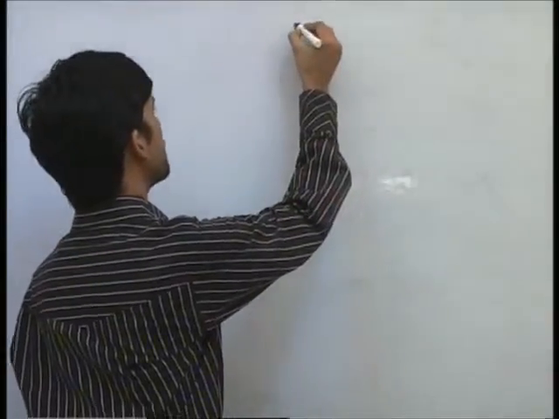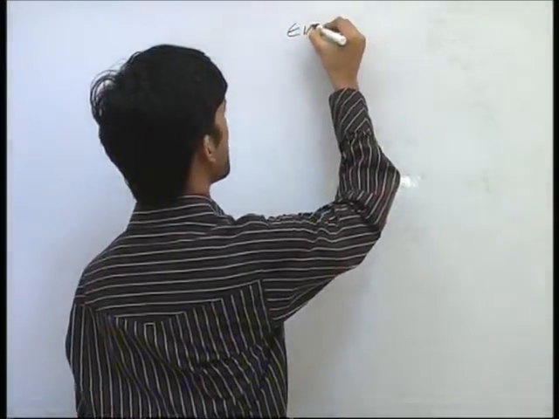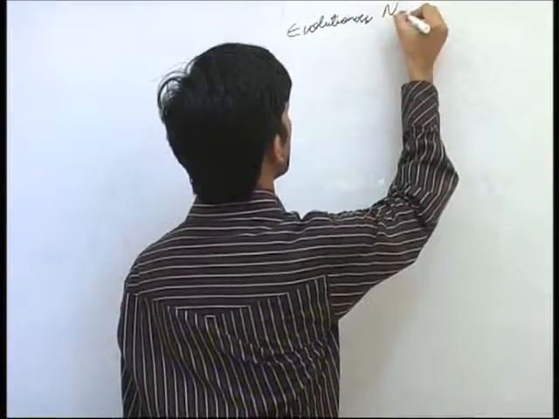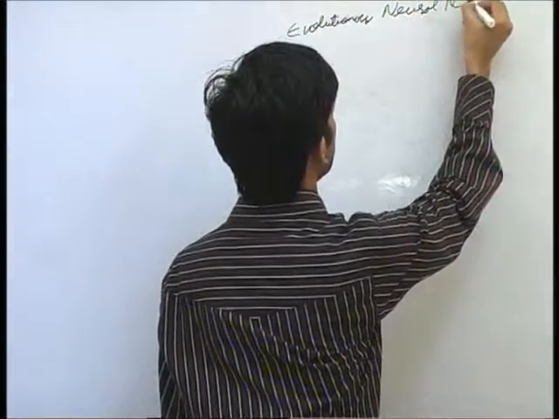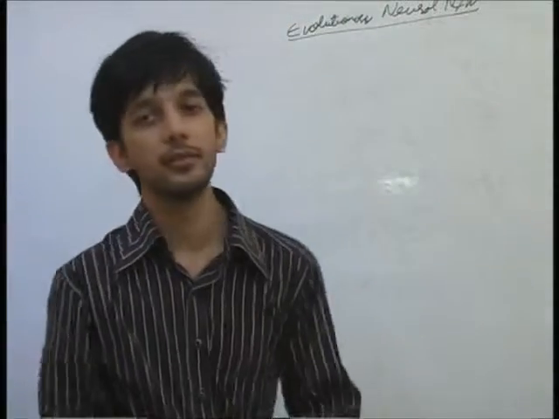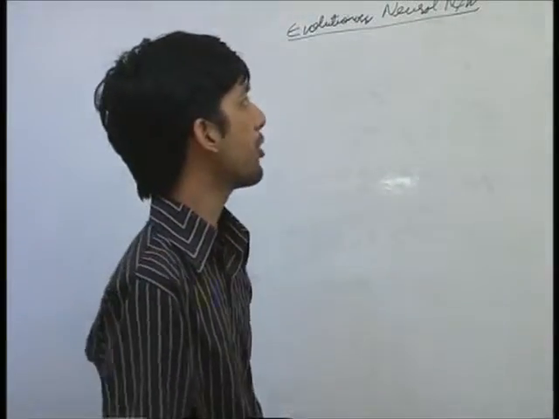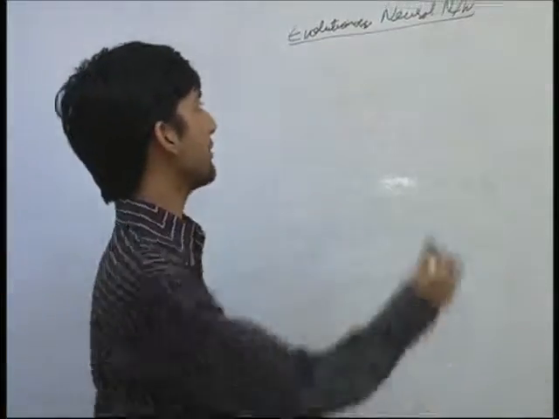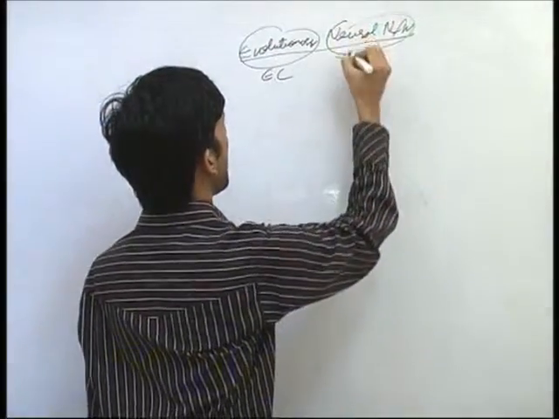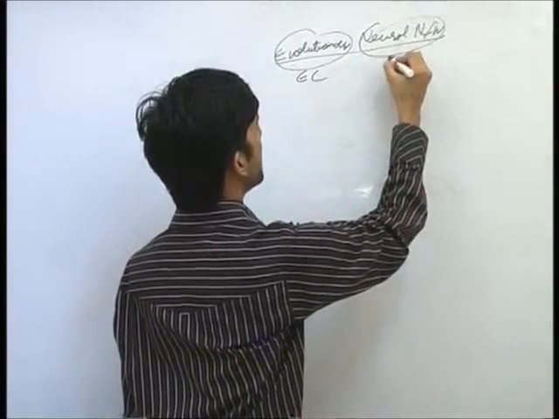So the first topic of discussion would be what is known as an evolutionary neural network. Of course these are hybridization between evolutionary computing at one end and the ANNs at the other end.